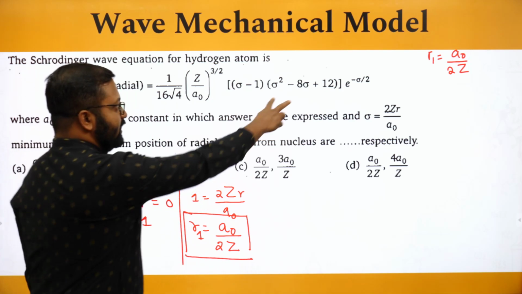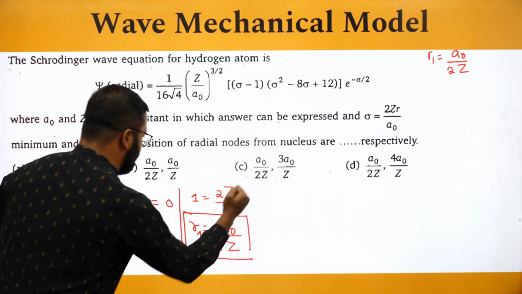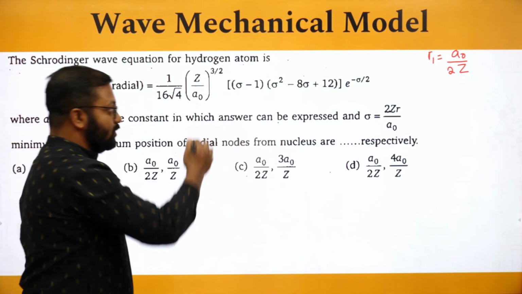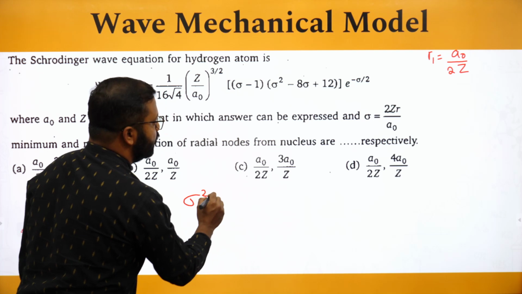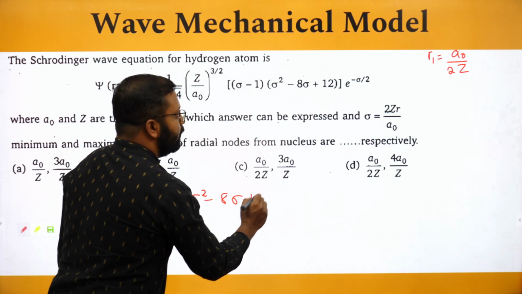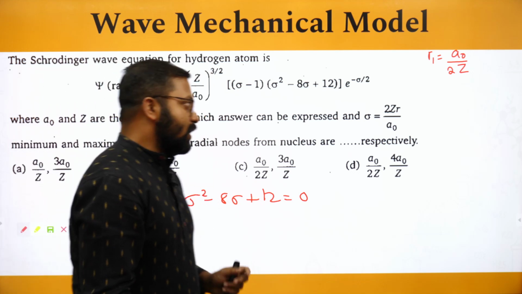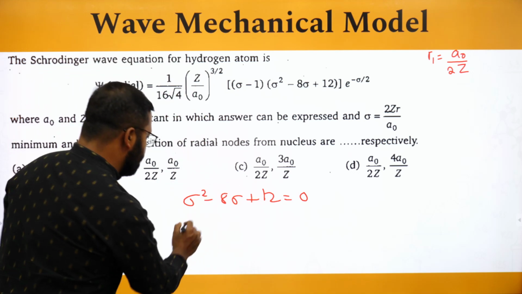Let's try to work out the second equation. What does this equation look like? The equation looks like a quadratic equation: sigma square minus 8 sigma plus 12 is equal to 0. If this is the quadratic equation that we have to solve, what will it be?